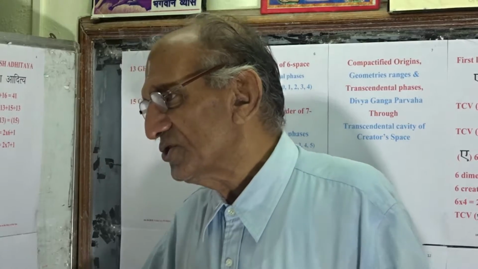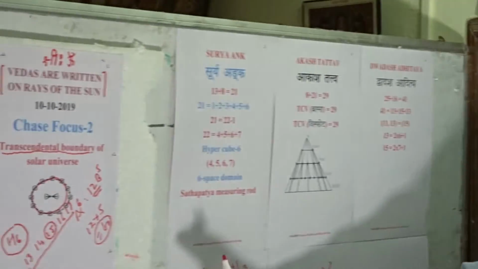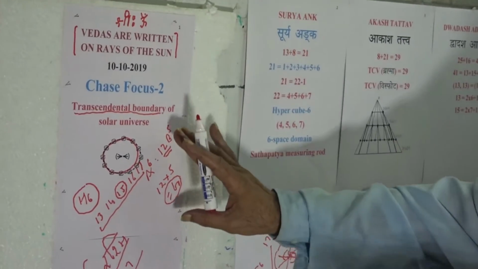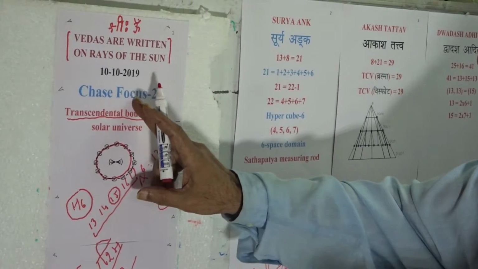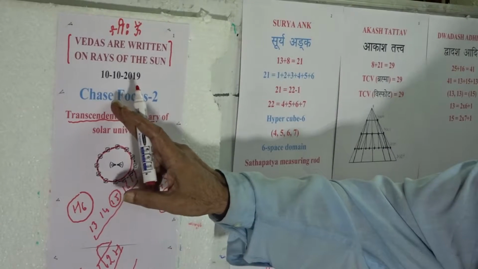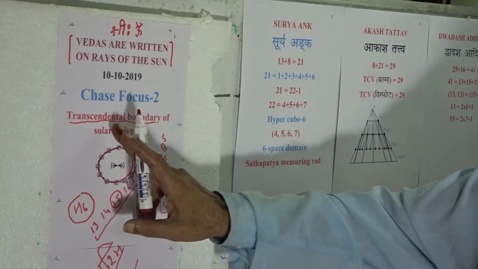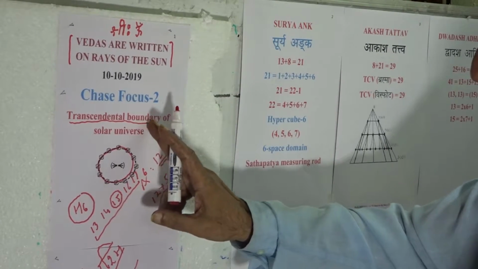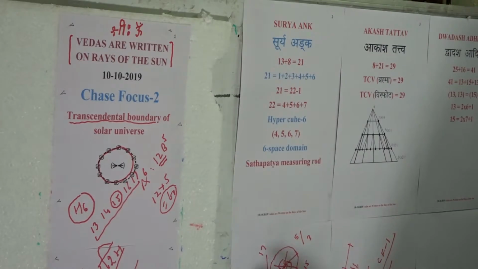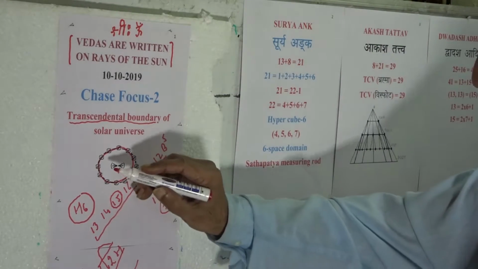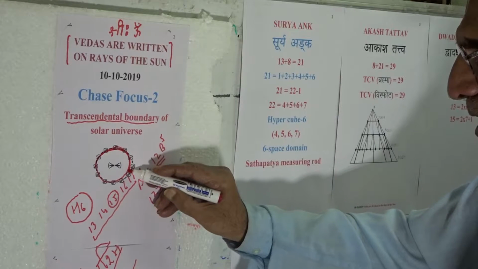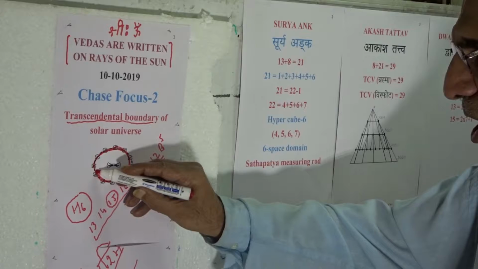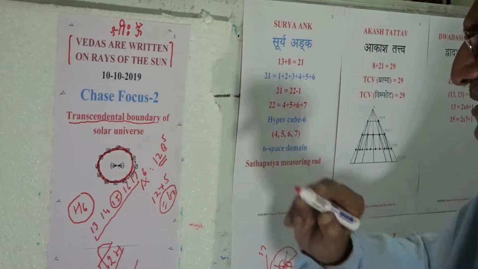Now, this chase will take us to the next step, the second step. It is going to be chase focus 2. This chase focus 2 is transcendental boundary of solar universe. It would mean that we have to remain at the transcendental boundary of 12 components of hypercube 6.